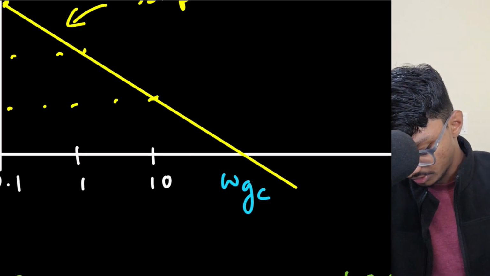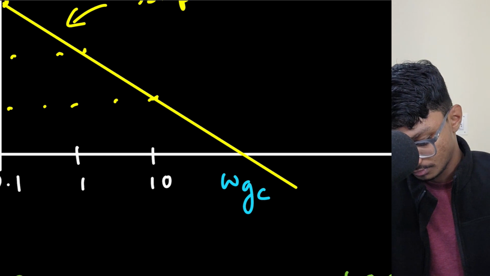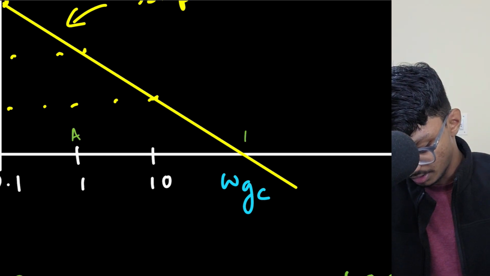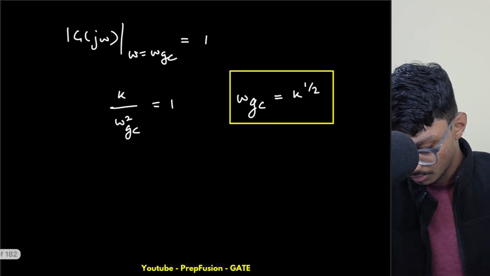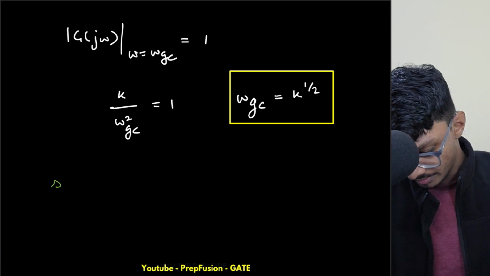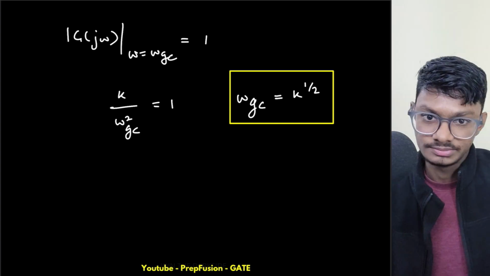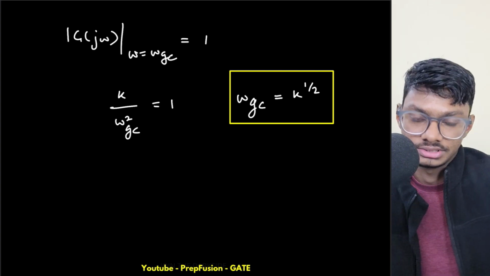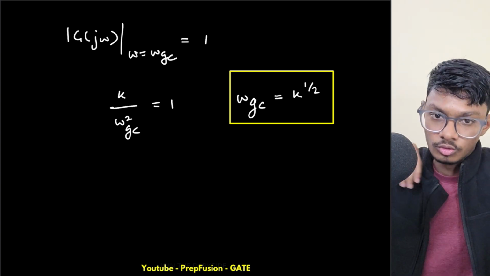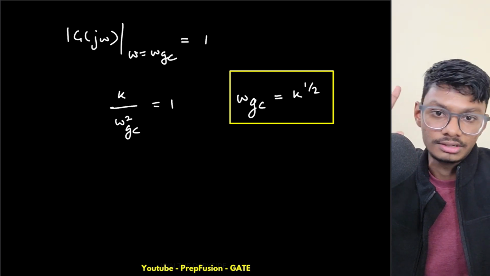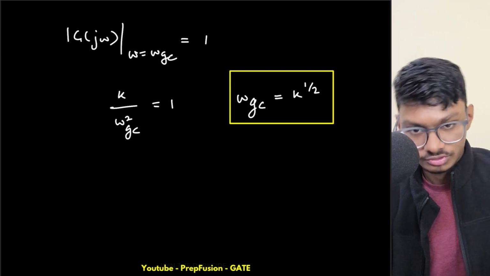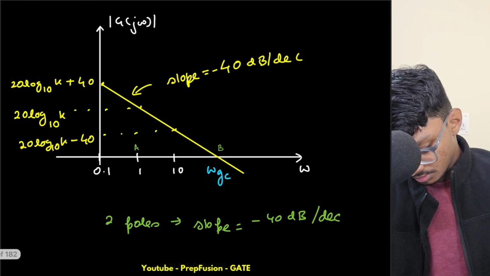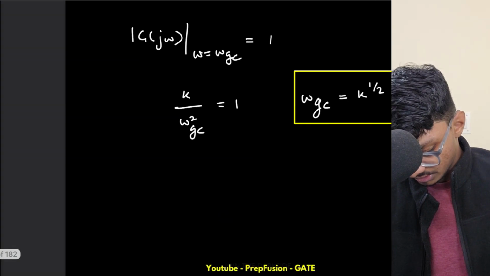So mark this point as A and this point as B. What is the slope AB? The slope is constant, it is always minus 40, because I have only 2 poles at the origin and no other poles or zeros.